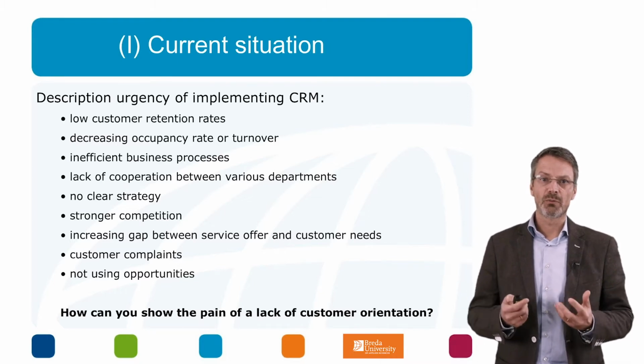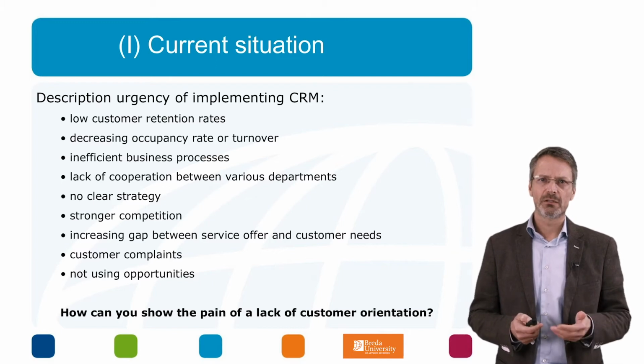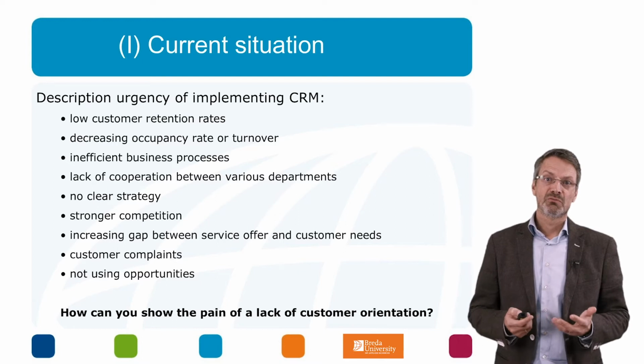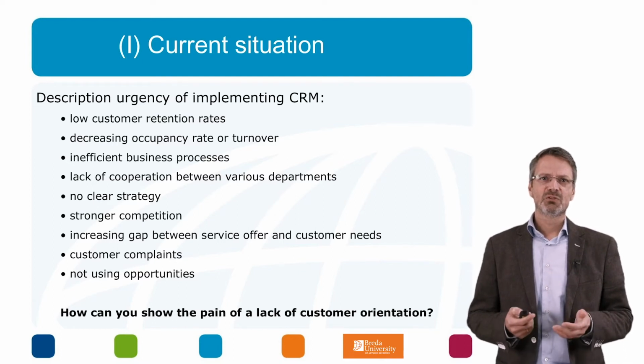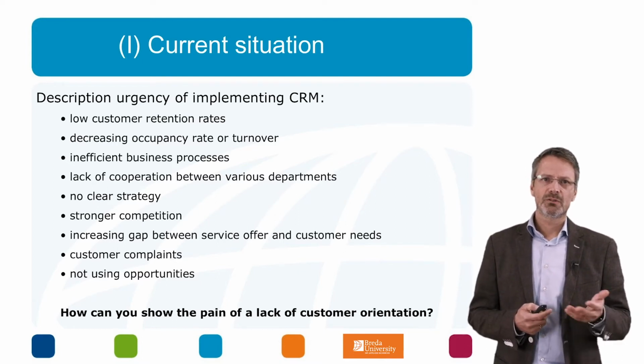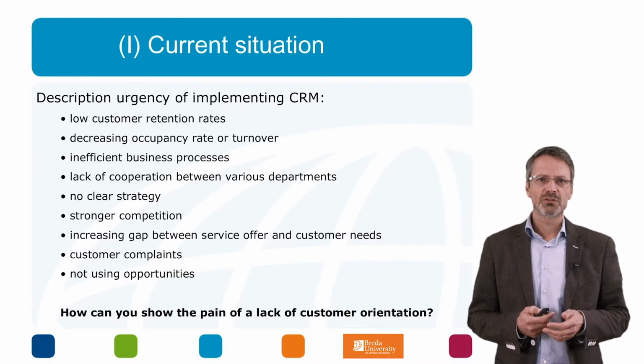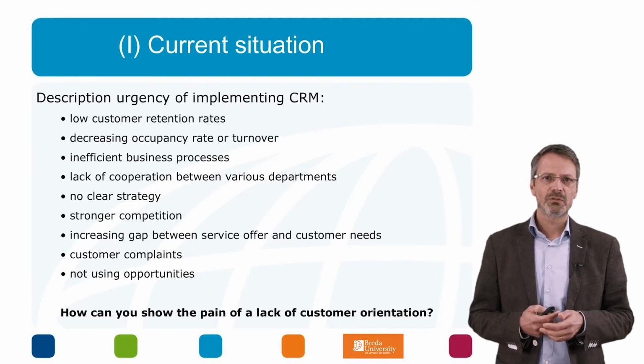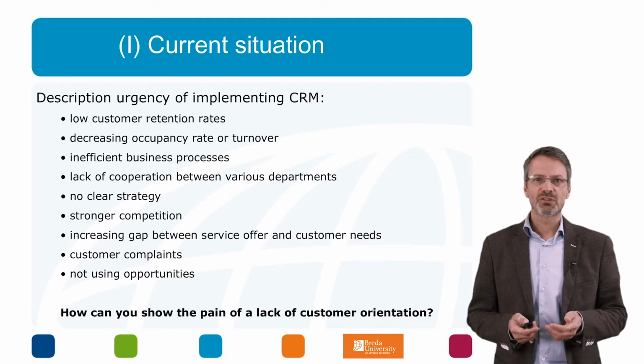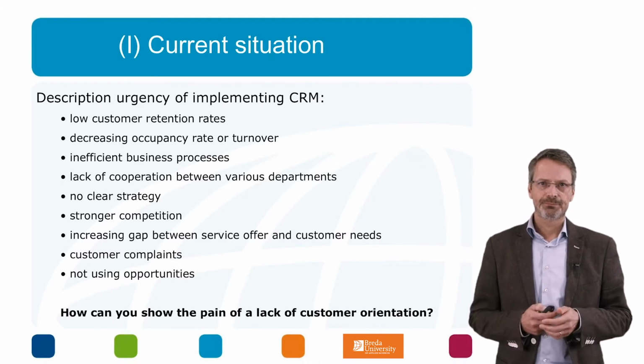What are our problems? What is the pain? And you see here a list of items which are related to, well, maybe the pain you feel as an organization related to low customer retention rates, decreasing rates, insufficient business processes, etc., etc.